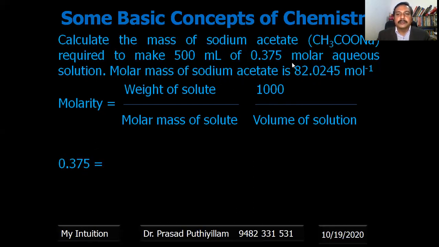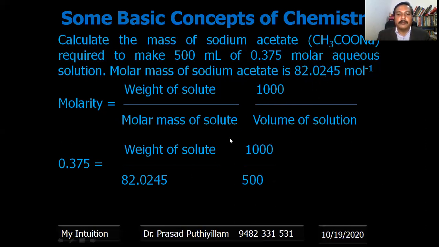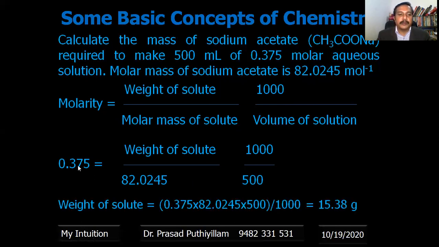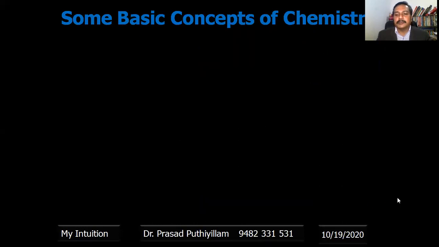Let us substitute 0.375. Weight of solute, we need to calculate the mass of sodium acetate, upon molar mass, that is 82.0245, into 1000 divided by 500 ml. Therefore weight of solute is 0.375 multiplied by 82.0245 multiplied by 500 divided by 1000, which is 15.38 grams.